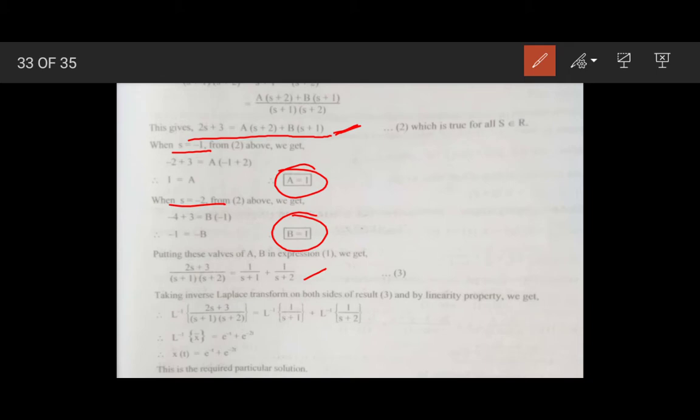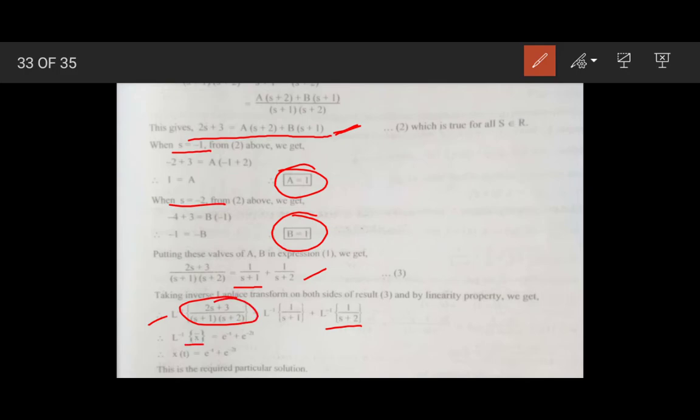Now step 4 is we are going to find the inverse Laplace transform on both sides. So inverse Laplace of (2s plus 3) upon (s plus 1) into (s plus 2) is equal to inverse Laplace of 1 upon (s plus 1) plus inverse Laplace of 1 upon (s plus 2). Okay. Now this whole term is what? This whole term is x bar.